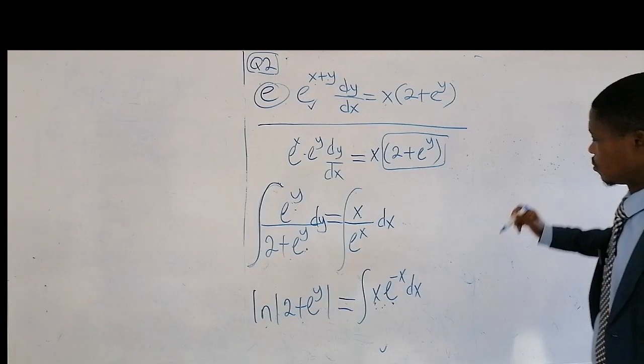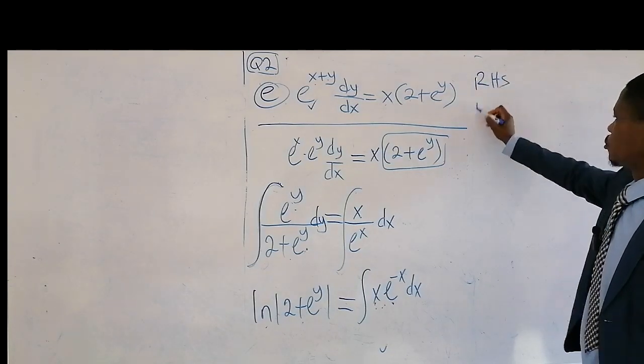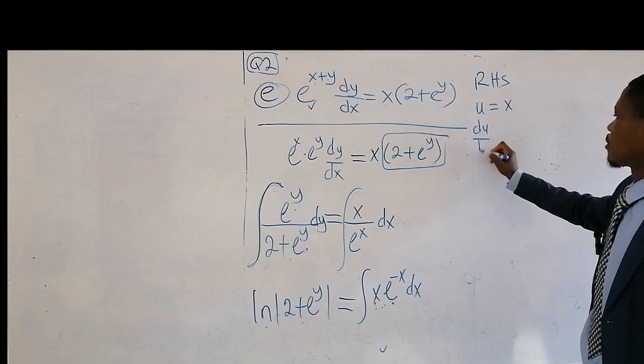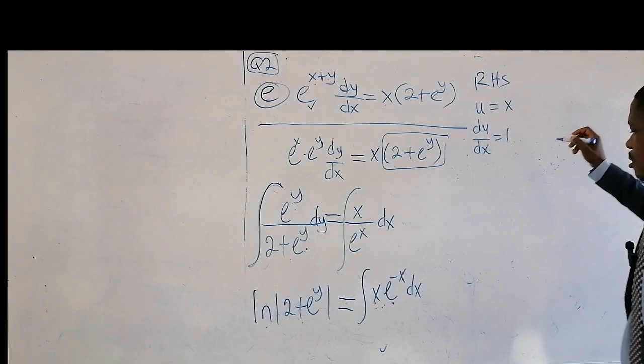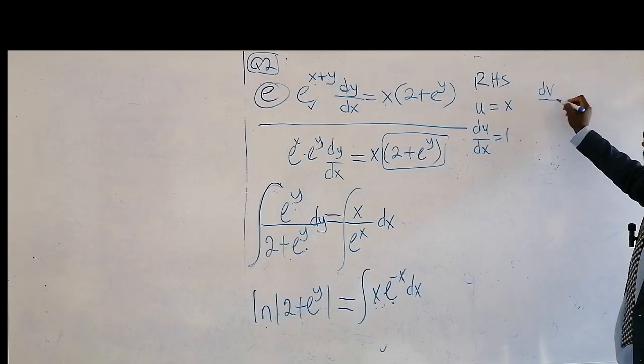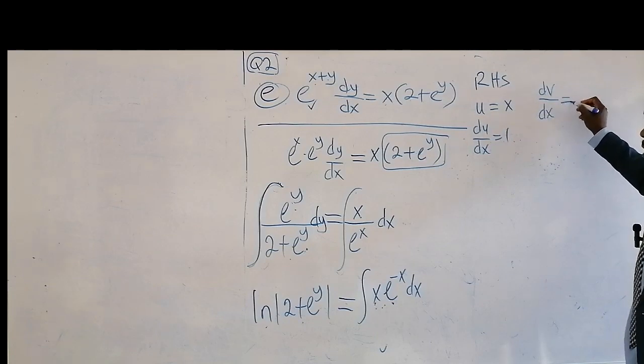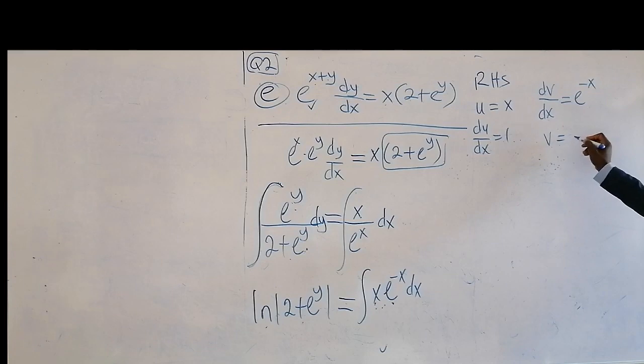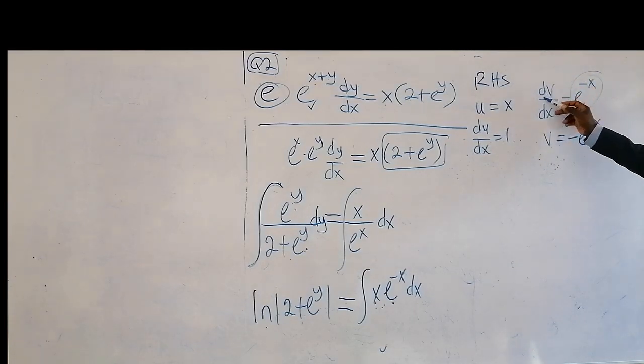So for the right hand side, u is what? U is this, x. So du/dx is 1, and then dv/dx is this. So v is equal to minus this. If we integrate both sides, we have this.